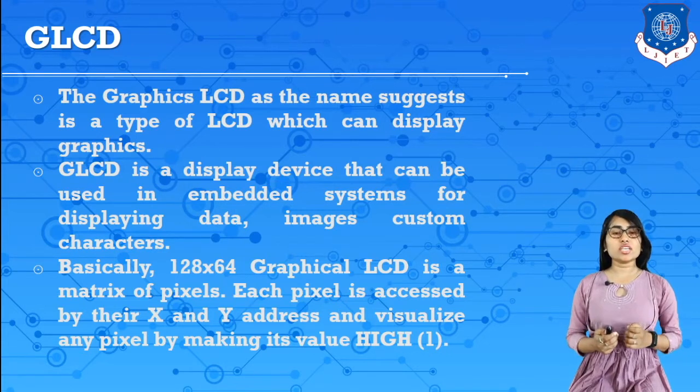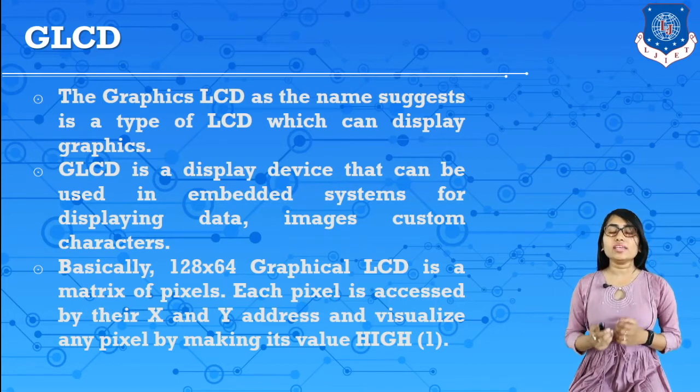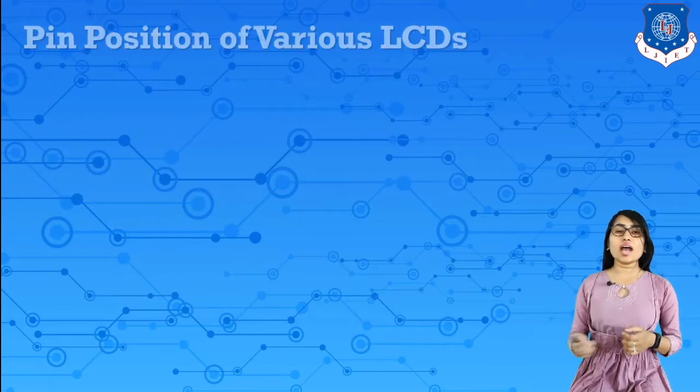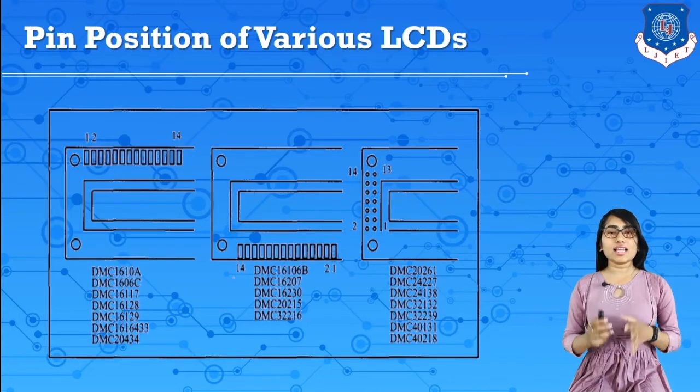Basically, a 128x64 graphics LCD, or GLCD, is a matrix of pixels. Each pixel is accessed by its X and Y address, and a pixel is made visible by making its value high, that means by making its value equal to 1. So this is GLCD.